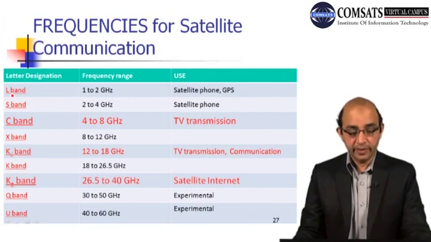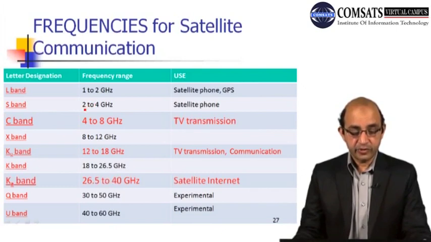So here we have the L band, the frequency range is 1 to 2 gigahertz, and this band is being used for satellite phones and GPS, the global positioning system. And then we have the S band, with a frequency range between 2 to 4 gigahertz, and it is being used for satellite phones.